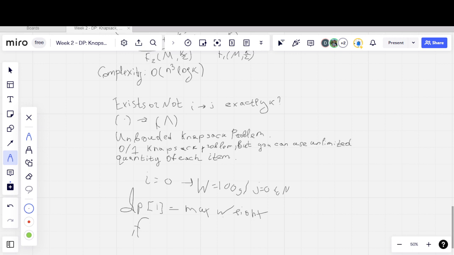So I think we will need an array n, and this represents the minimum combo of items.